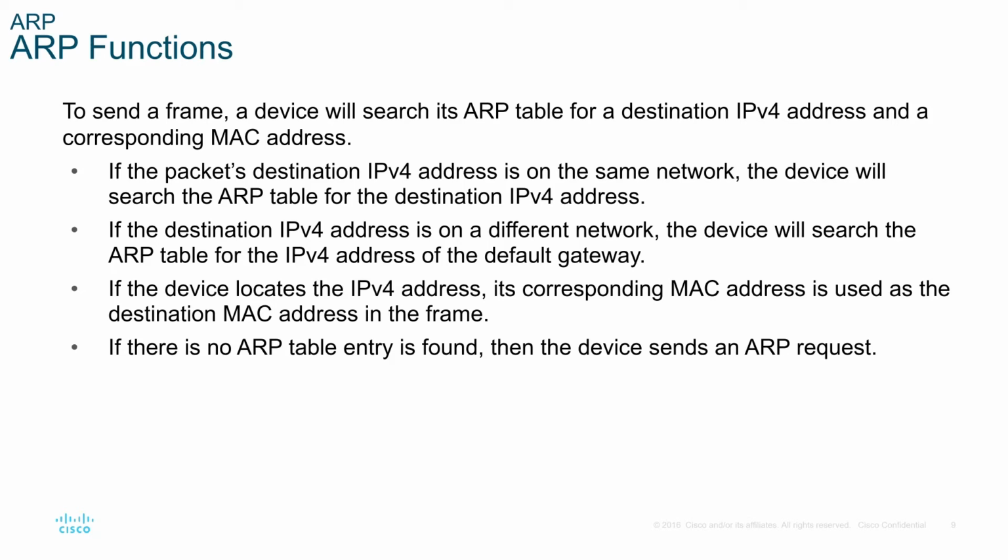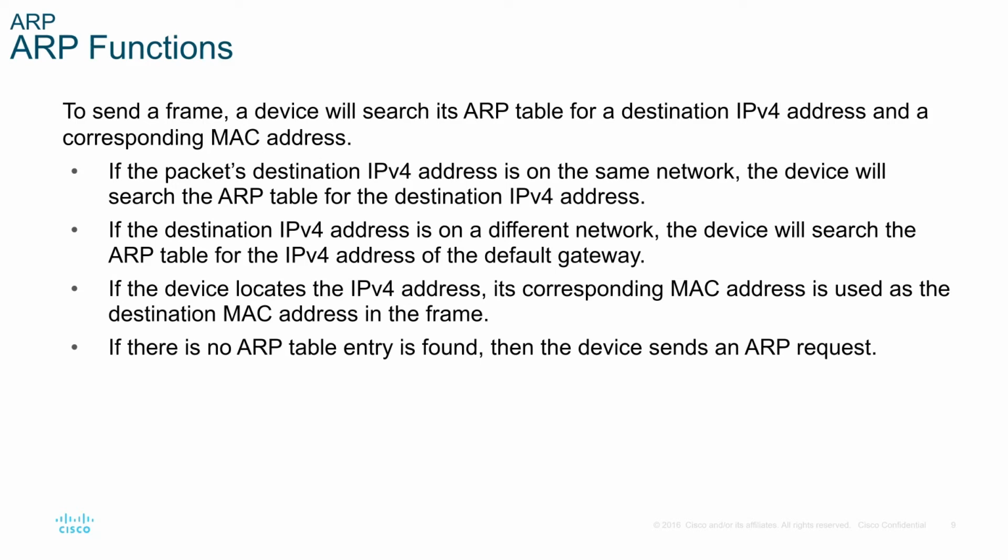To send a frame, a device will search its ARP table first for a destination IPv4 address and a corresponding MAC address. If the packet's destination IPv4 address is on the same network, the device will search the ARP table for the destination IPv4 address.